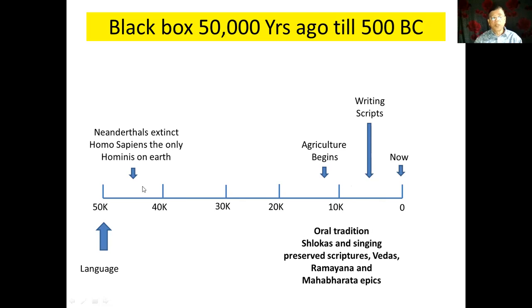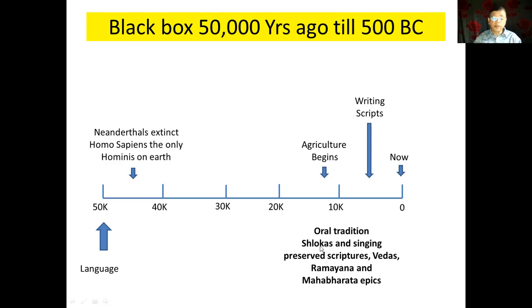So over this long period, the subcontinent developed its oral tradition, about which I'll talk to you, because there was no writing possible. So an oral tradition developed through which the knowledge was passed from generation to generation. And it was passed by means of shlokas and singing that preserved the scriptures.